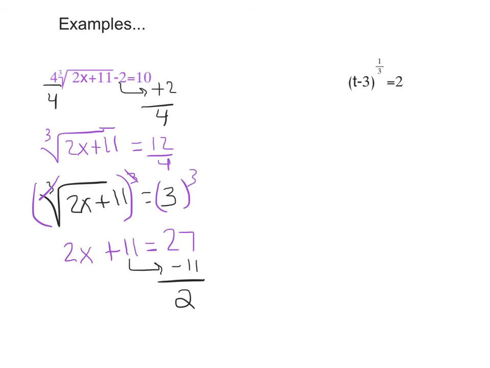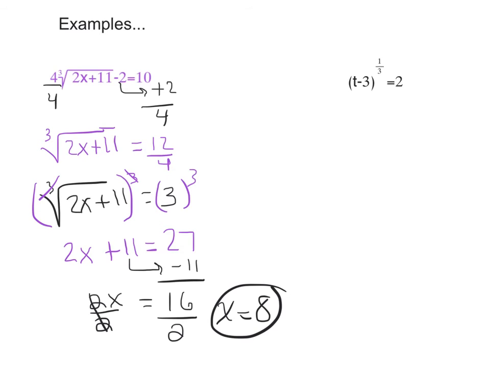So when we subtract the 11, you're going to get 16 divided by 2. So I end up with x equals 8. That will work since I had a cube root. It doesn't matter if it's a positive or negative answer. 8 works.